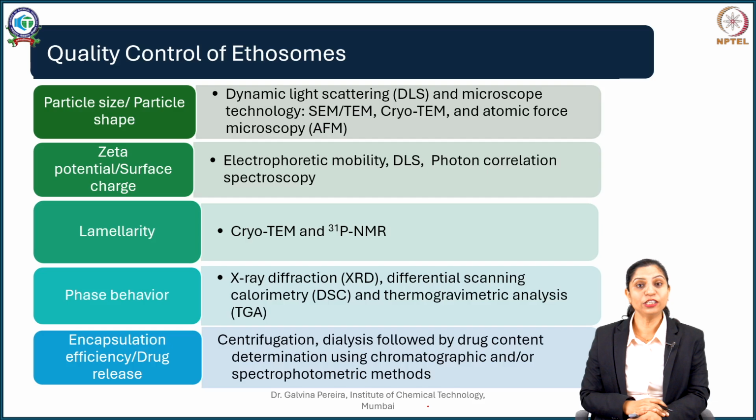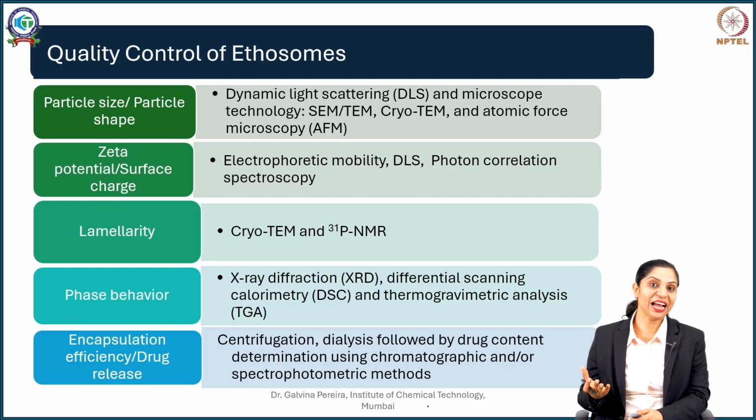In order to ensure stability and a good resolution, this microscopy is carried out in the frozen state, which is called cryo-TEM. In certain cases you can even use probes such as atomic force microscopy, where your carbon tip ensures good size and accuracy.